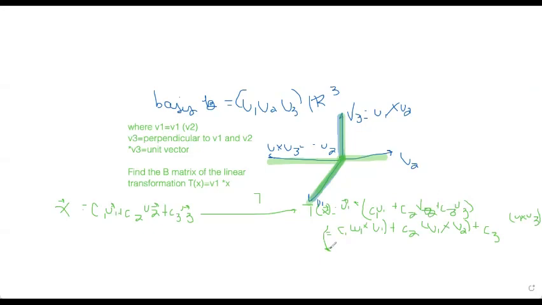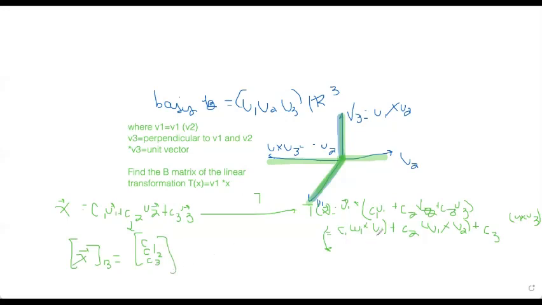So we've done that, right? Well, that means that we can do the second part of the chart now. We start out with this, right? Our coordinate vector X, which of course equals our C1, C2, C3.